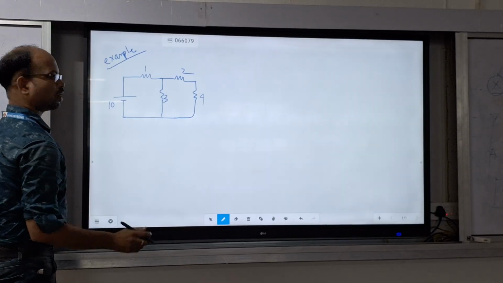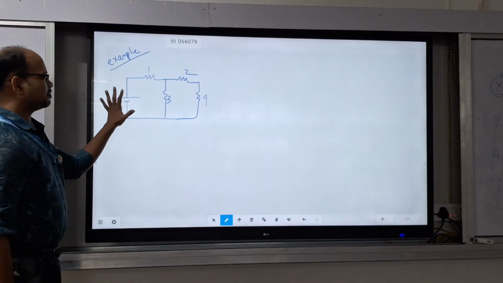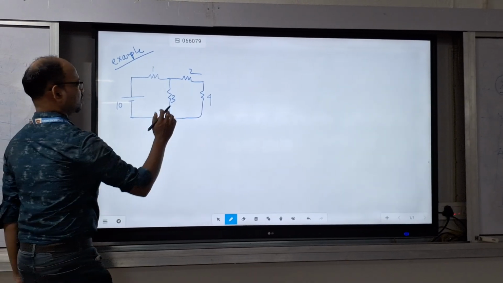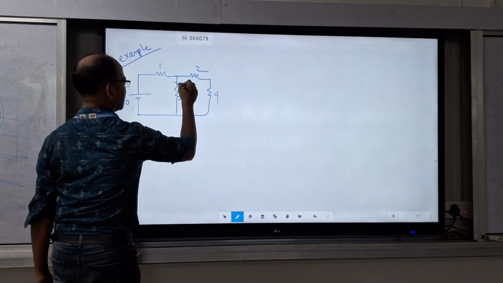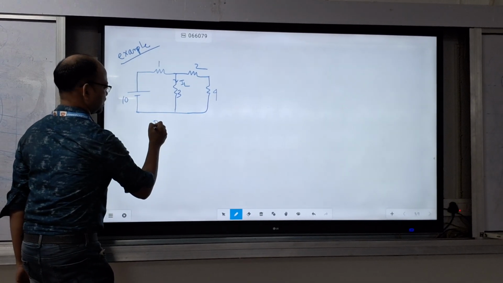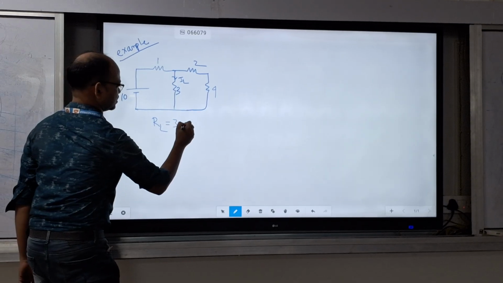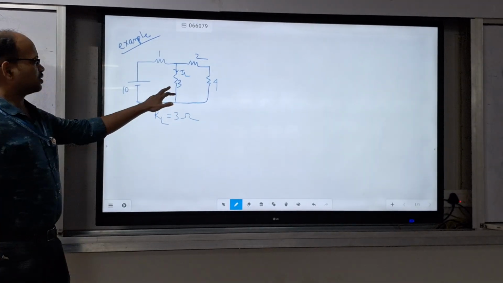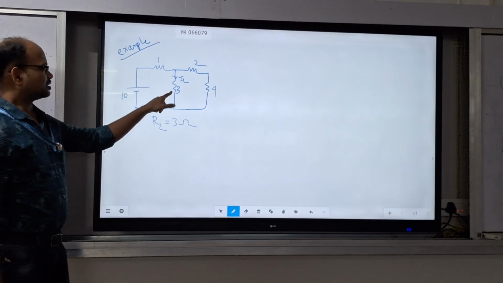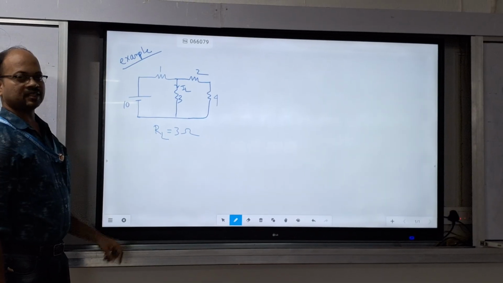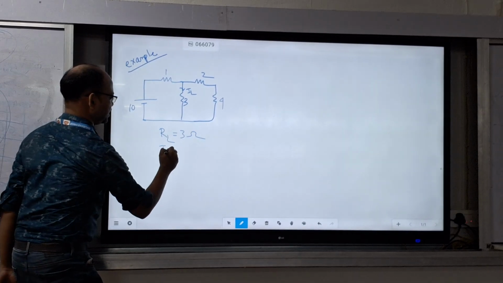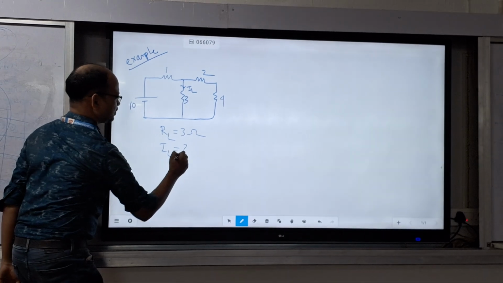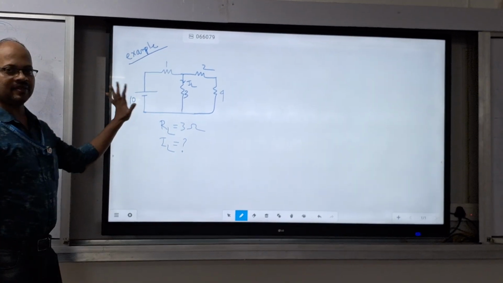Now by using Thevenin's theorem, we have to find the current through the 3 ohm resistance, that is IL, and here RL is equal to 3. That's why this one is the load resistance RL, and we have to find IL by using Thevenin's theorem.